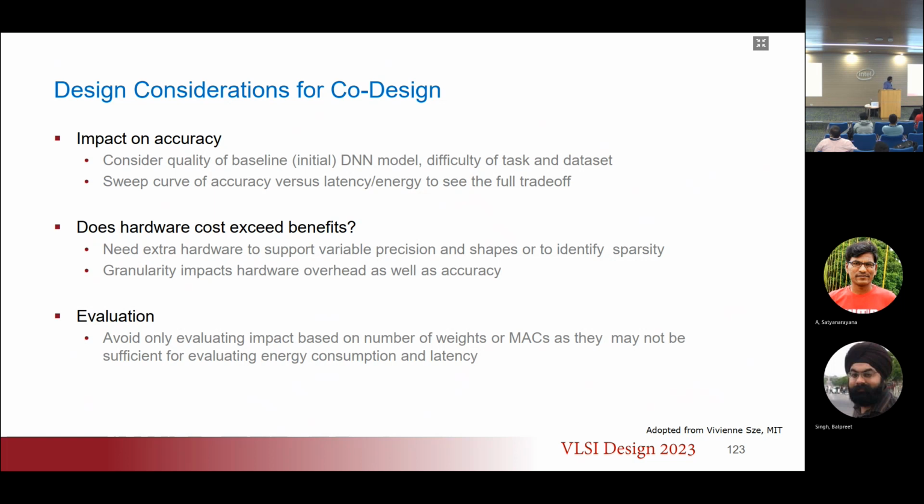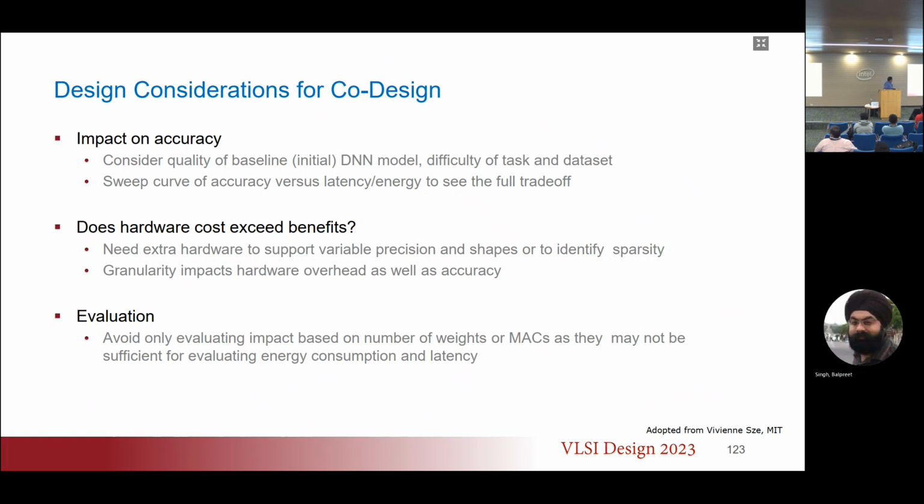So there are many design considerations in co-design. One is impact on accuracy. Consider the quality of the DNN model, difficulty of the task and the data set, and sweep the curve of accuracy versus latency versus energy to see the full trade-off. Does hardware cost exceed benefits?